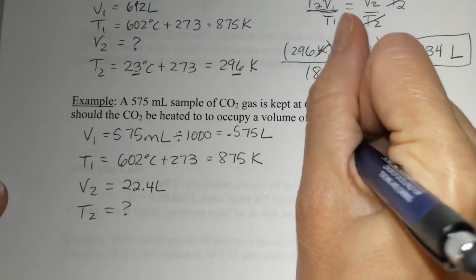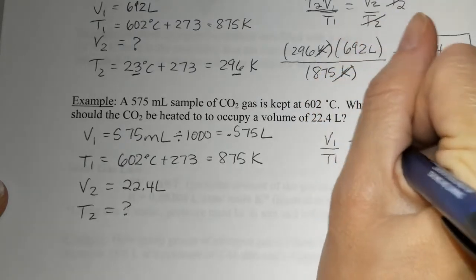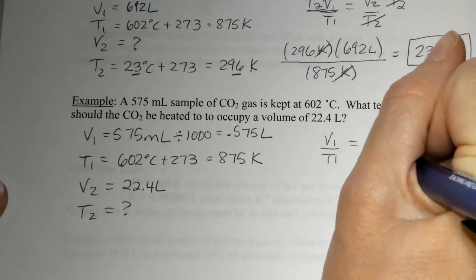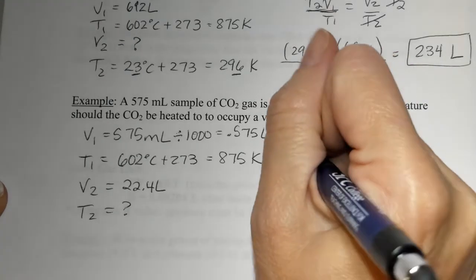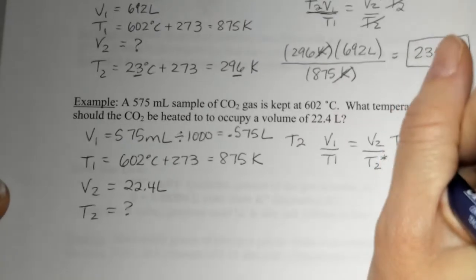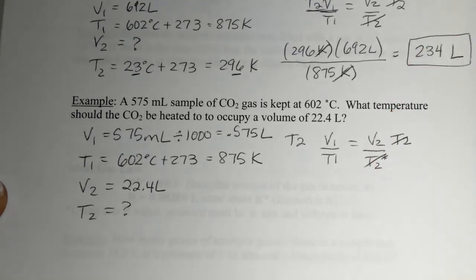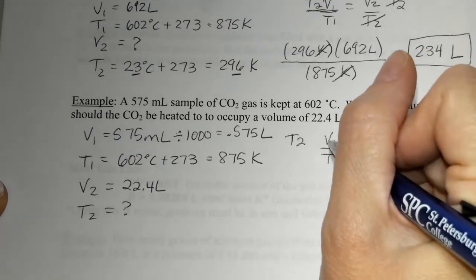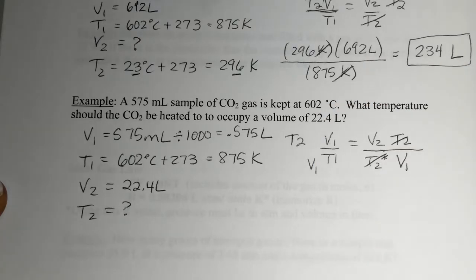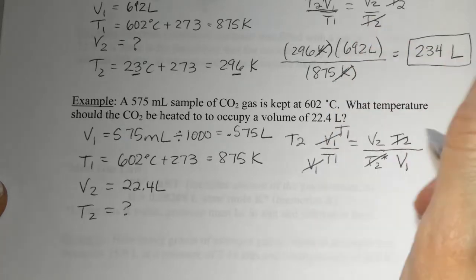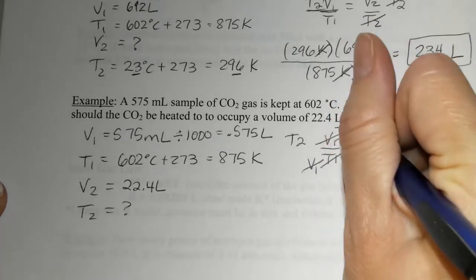So in this case, I've got V1 over T1 equals V2 over T2, but I need to solve for T2. So I'm actually going to move T2 over to the left side, and then I'll move V1 over to the right. So I'll divide both sides by V1, and then I'm going to multiply both sides by T1, so it cancels out.